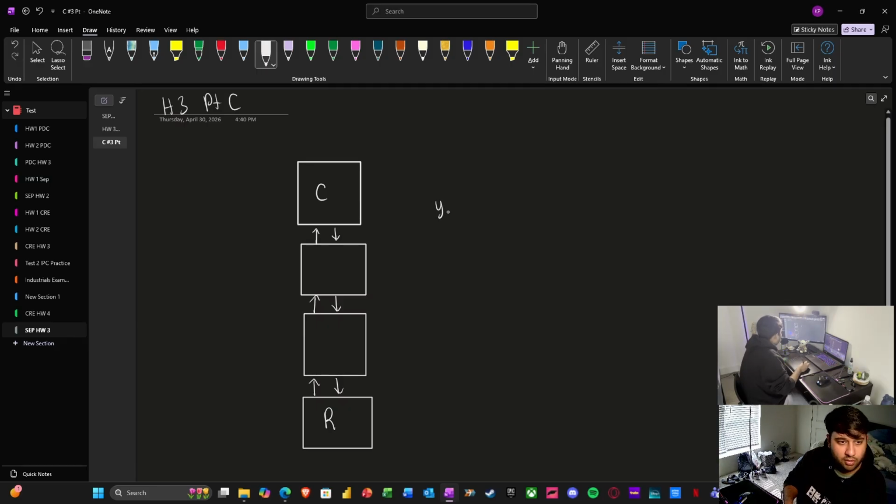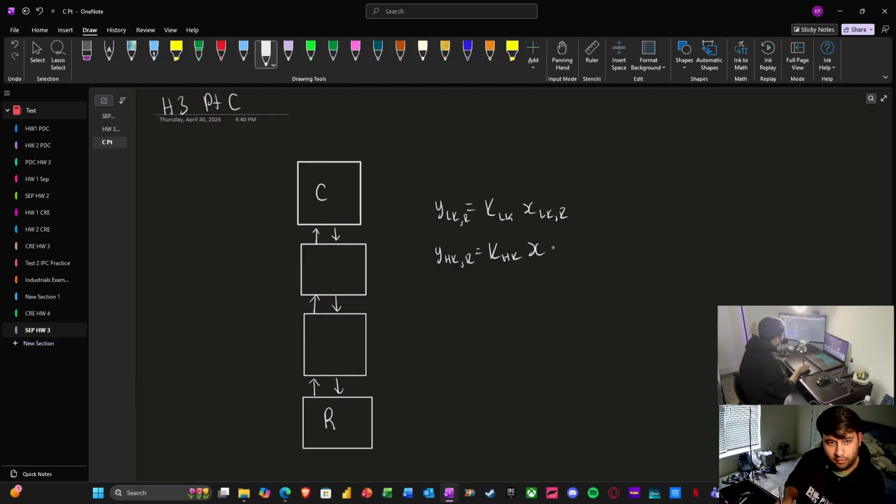We're going to take our vapor composition of our light key equals the K value of our light key in our reboiler, multiplied by the x, which is our liquid composition of our light key in our reboiler. We'll do that same thing for our heavy key, so everything's in terms of heavy key in our reboiler.